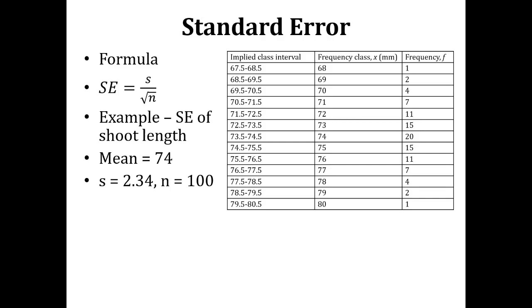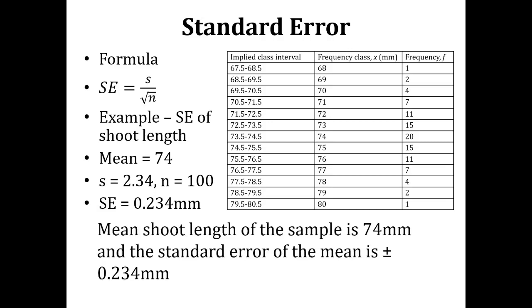So now we are ready to calculate the standard error by dividing 2.34 by the square root of 100, and we get the value 0.234 millimeters. So standard error is 0.234 millimeters for this example, right? How we are going to state the result in this case is: the mean shoot length of the sample is 74 millimeters, and the standard error of the mean is plus minus 0.234 millimeters, right?